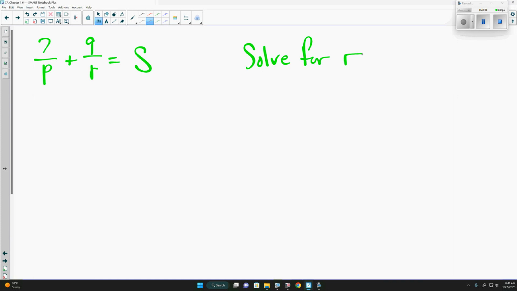So we need to get rid of the fractions. And the only way to do that is to multiply everything by the denominators. So here, P and P will cancel, telling us that we have 7R. Here, R and R will cancel, telling us that we have plus 9P is equal to SPR.